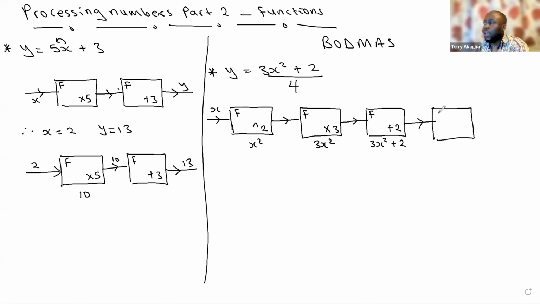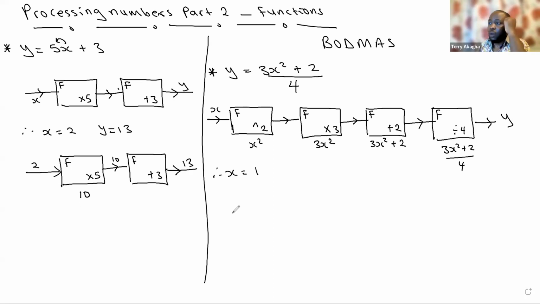So it gives us 3x squared plus 2, divided by 4, and that will give us the answer for y.